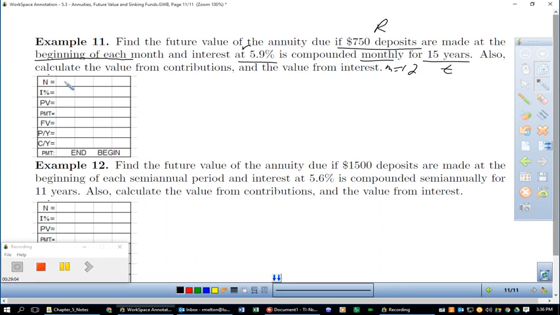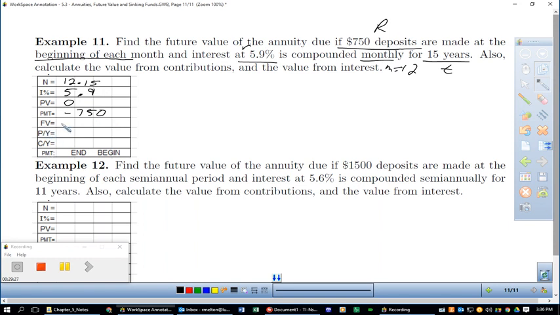All right, so N is m times t, so 12 times 15. I don't know what that is offhand, but when you type it out in the calculator, you'll figure it out. I want to say it's 240. The interest rate is 5.9. Present value is 0. Payment is negative 750, since it's coming out of our pocket.